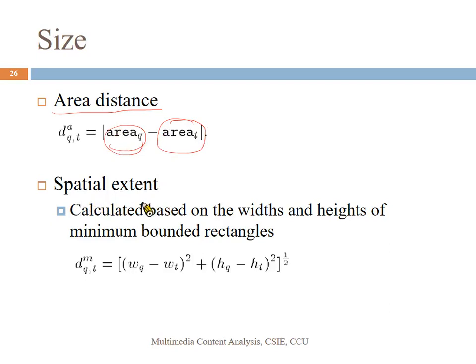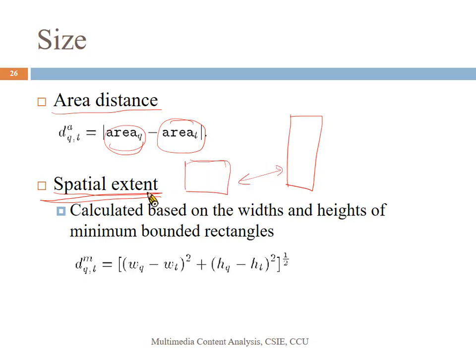And for the spatial extent, we calculate based on the width and height of the minimal bounding rectangle. Basically, this measurement calculates the similarity between aspect ratios. Sometimes the region may be like this, and sometimes the region may be like this. In this case, the distance between width and height is larger, which means the aspect ratios of these two regions are quite different.